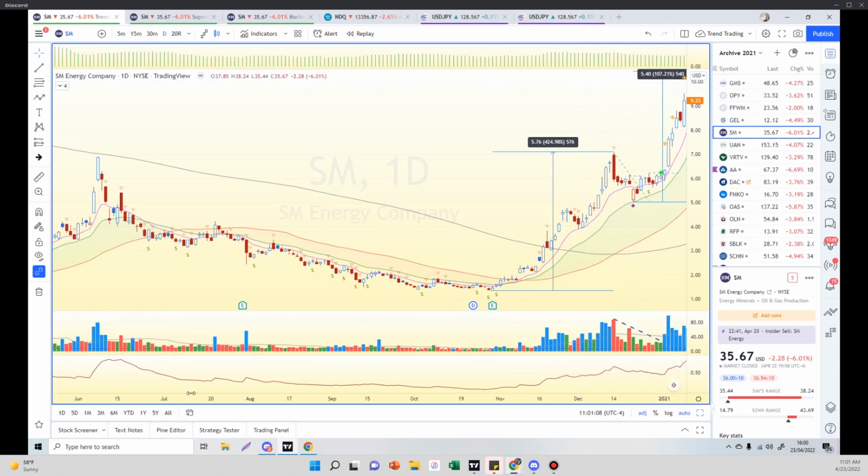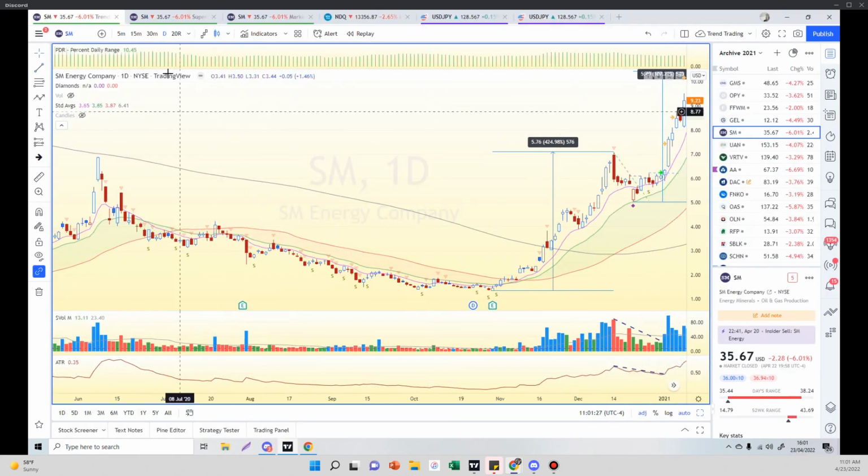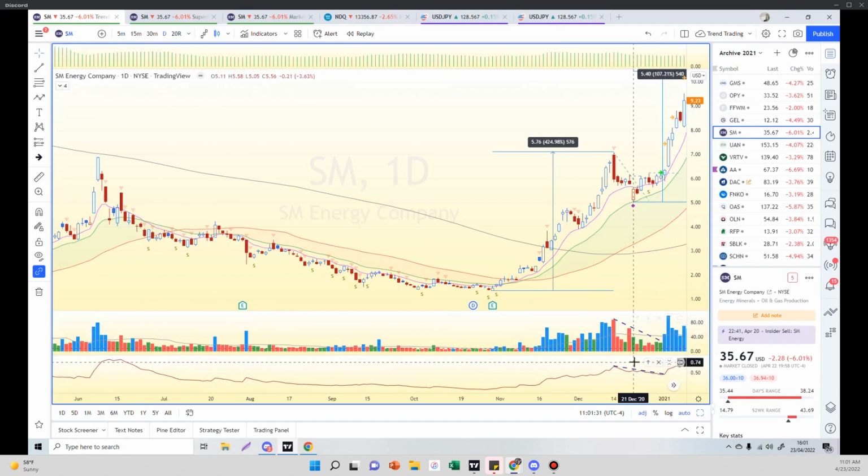This is the ATR, a 14-day average true range indicator. That's all it is. We can see that the range is declining as well, and that's what we tend to refer to as a volume range decline. Those two particular things together show me that the volatility in the stock is declining.